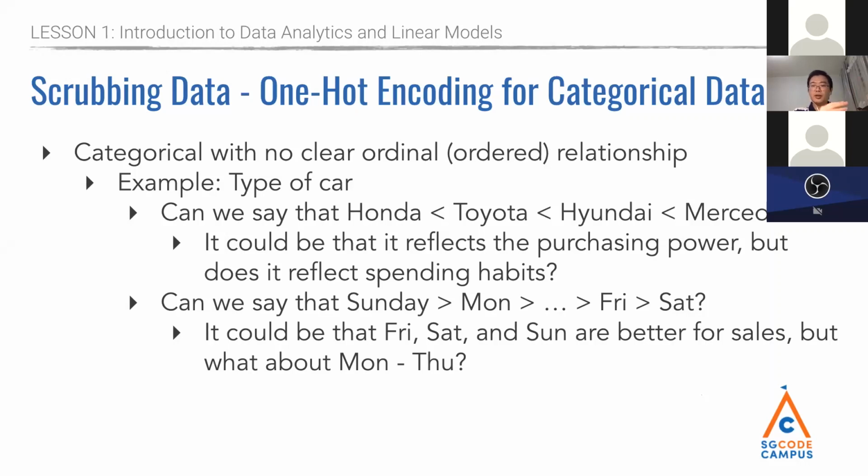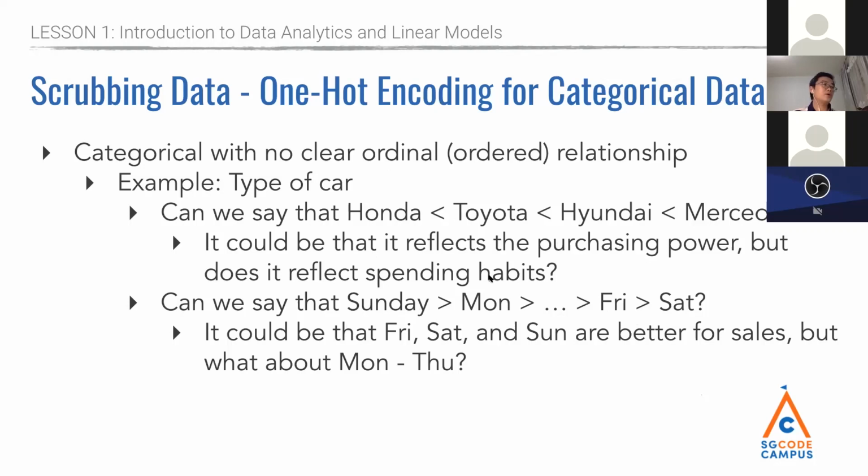Or the tier, where we can give a higher number. But some data have no ordinal relationship, say the brand of cars. Do we have a Honda less than Toyota less than Benz? No, right? We can only say whether it's Honda or Toyota. Sunday, Monday, these have an ordinal relationship, so we can do ordinal encoding.